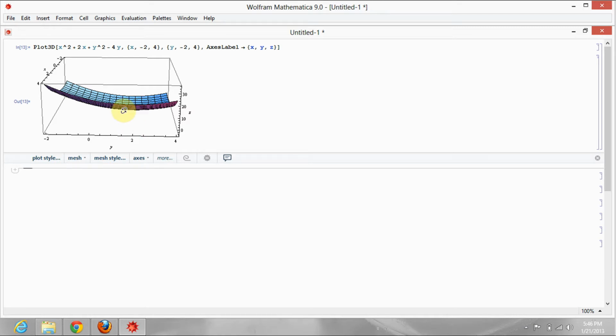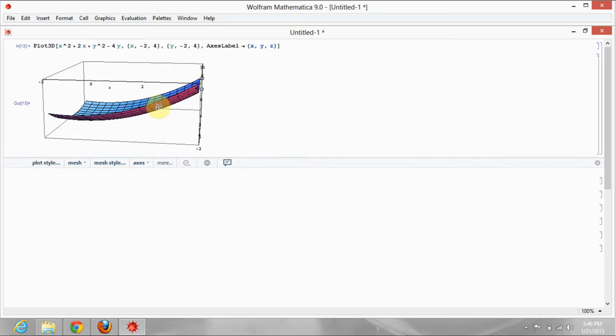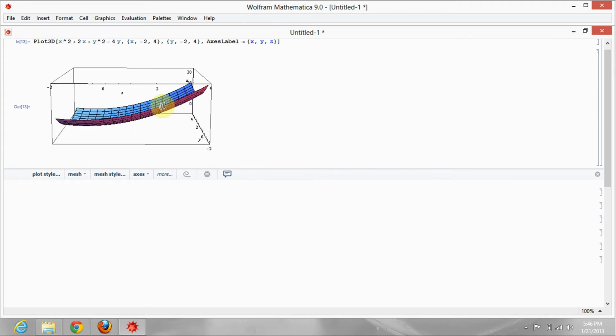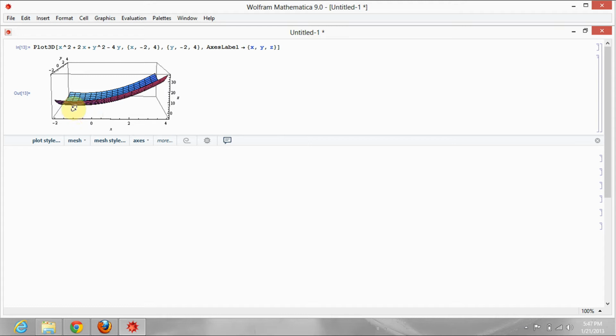That's where our minimum y value occurs. If we spin it around to look at our x values, this minimum value occurs right at x equal -1 as well. So our picture confirms what we calculated with the math, and we're happy with what we found.